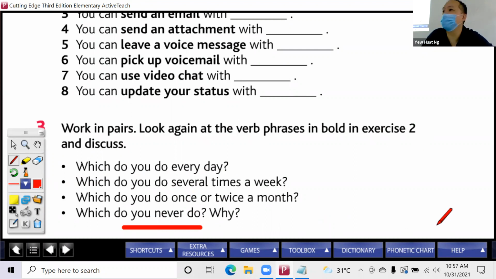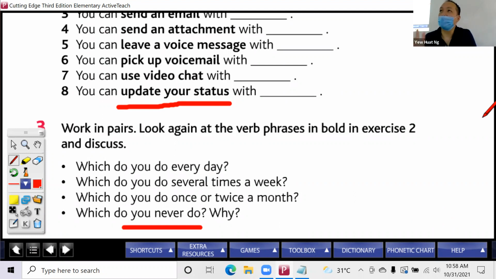Which do you never do? None of them. Okay. I never update my status, like tell people where I am.